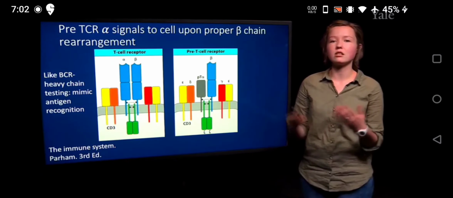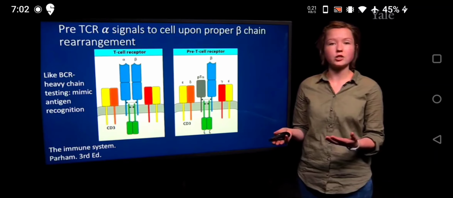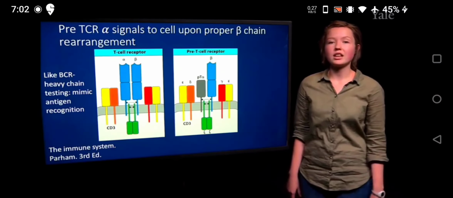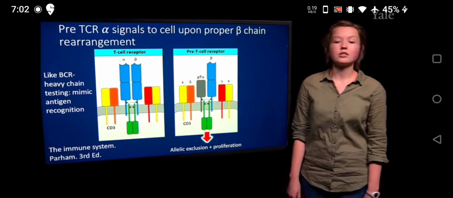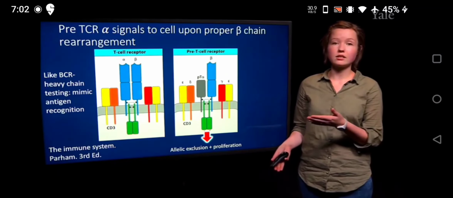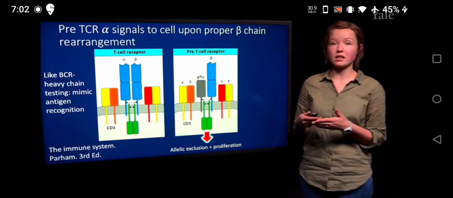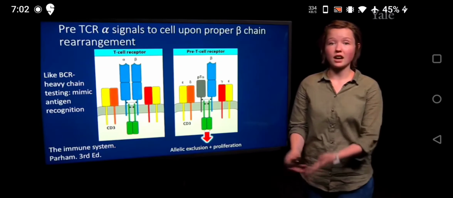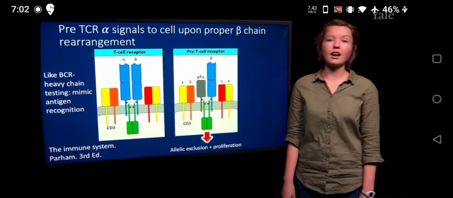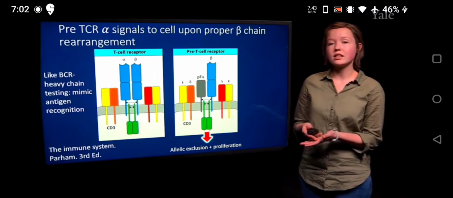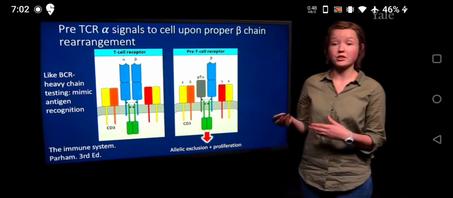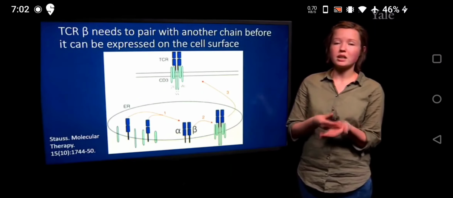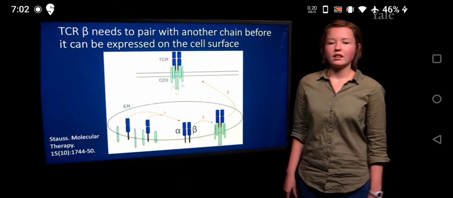This is a lot like the surrogate light chain for B cell receptor development, in which it can signal to the cell to undergo allelic exclusion so that it stops recombining its beta chain and doesn't recombine its other beta chain on the other allele. And so it also will signal to the cell to undergo proliferation, much like with the pre-B cell receptor signaling.